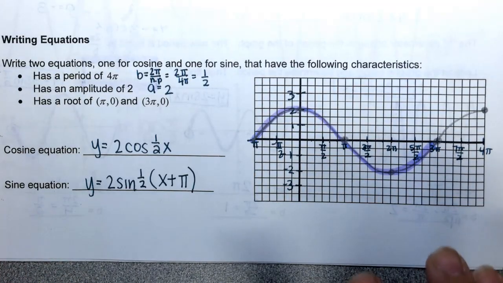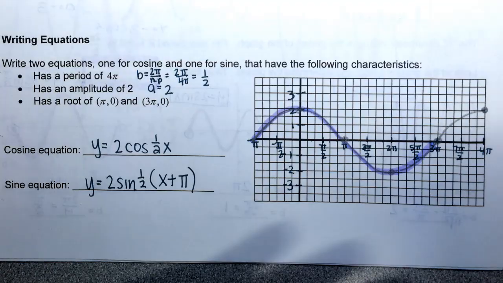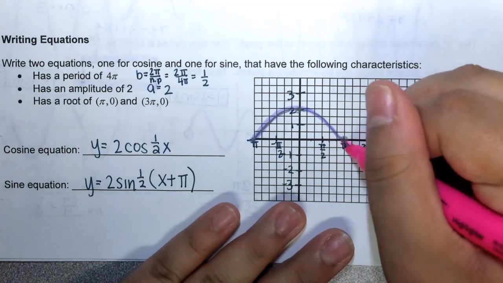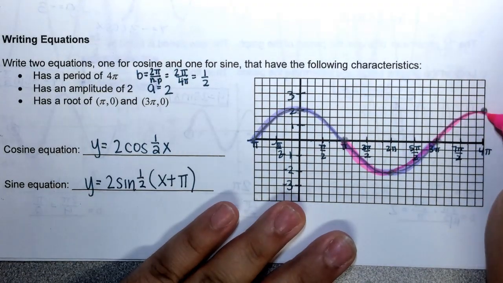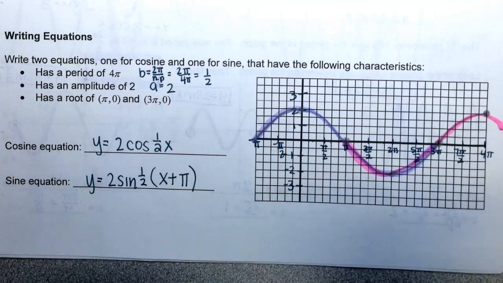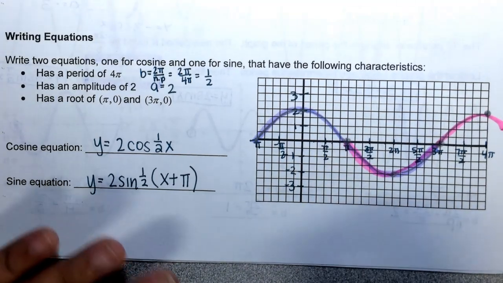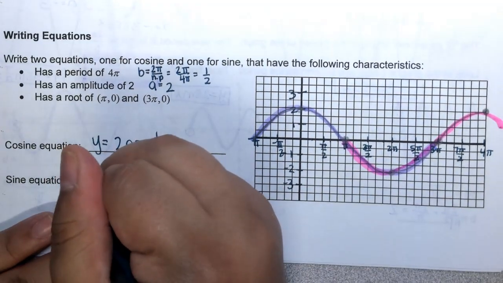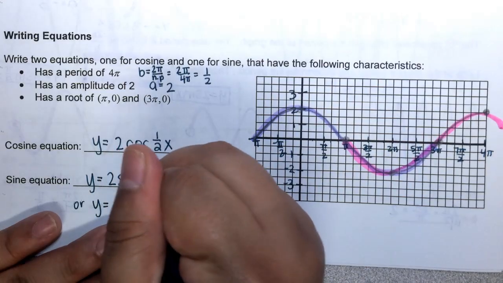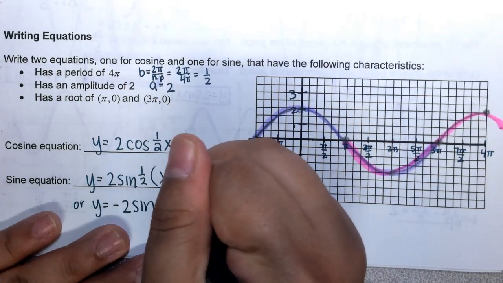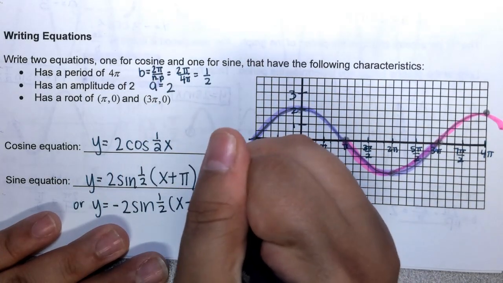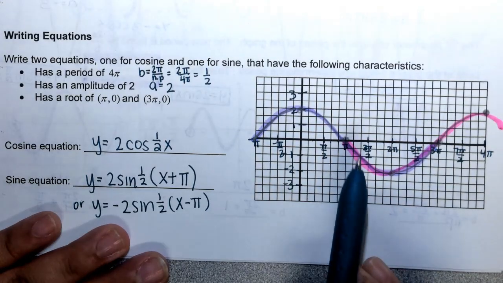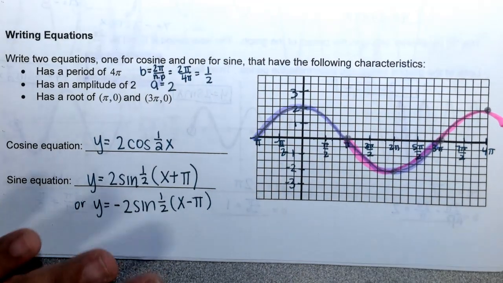If you did this other sine function, which does exist, but it keeps going, you would have y equals -2 sine of 1/2 x minus pi, because you shifted right, but when you shifted right, it became a negative.